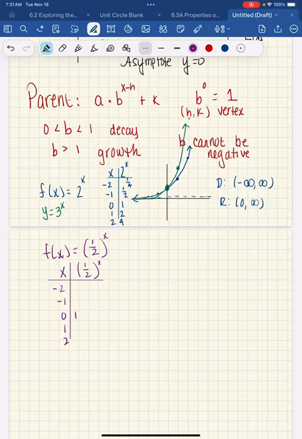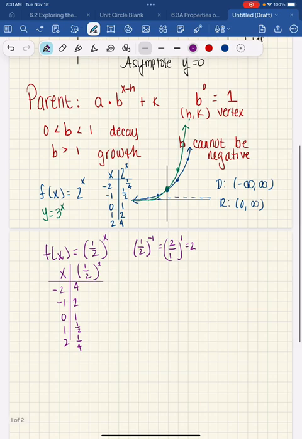Anything to the 0 power is 1. 1/2 to the first is 1/2. 1/2 squared is 1/4. But now 1/2 to the negative 2, flip. You get 4. Not negative 4, not negative 1/2. 1/2 to the negative 1 is 2. Flip, make the exponent positive, and that's just 2.